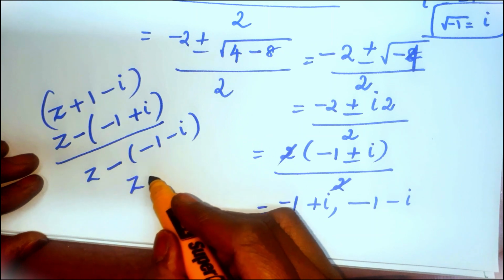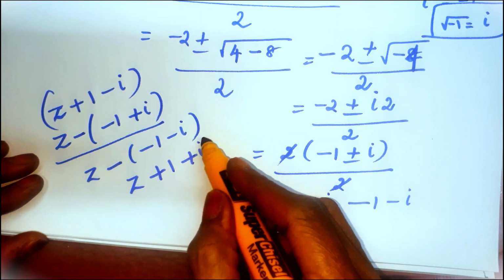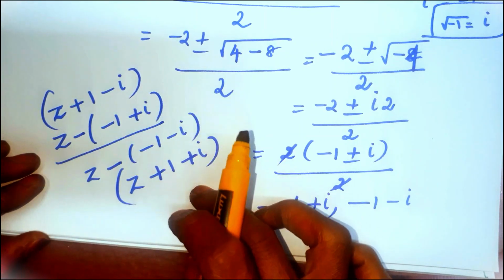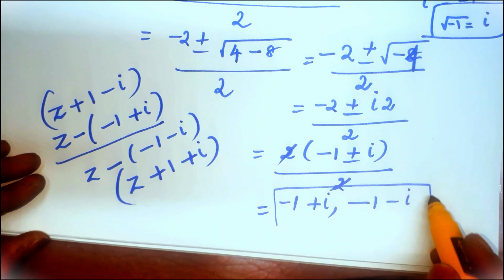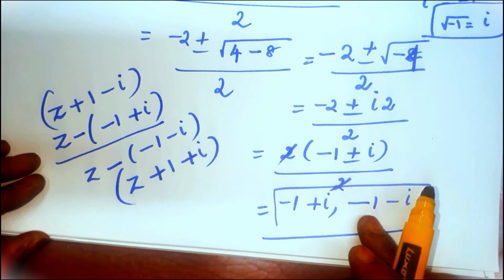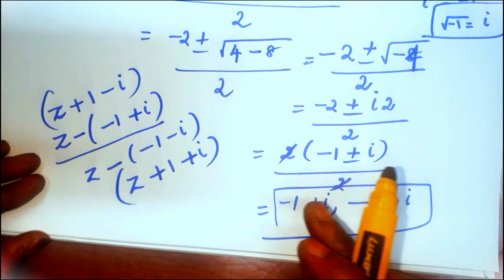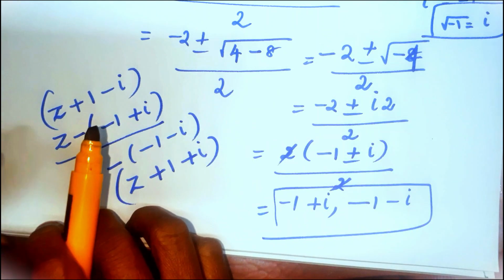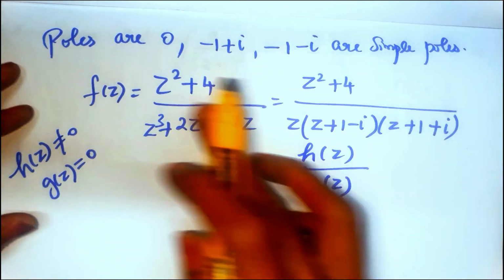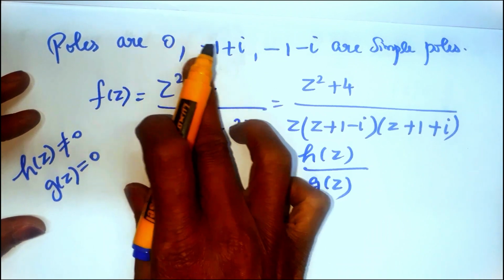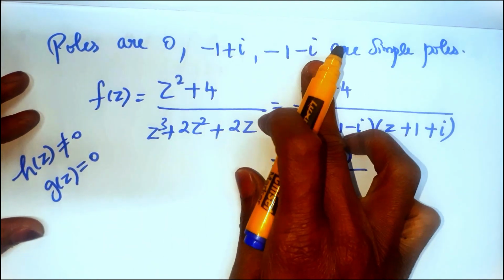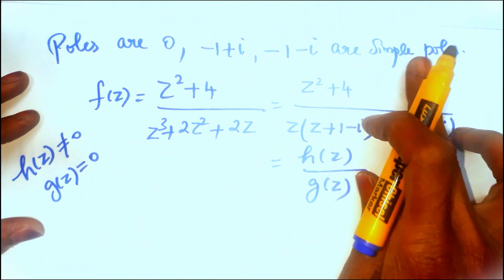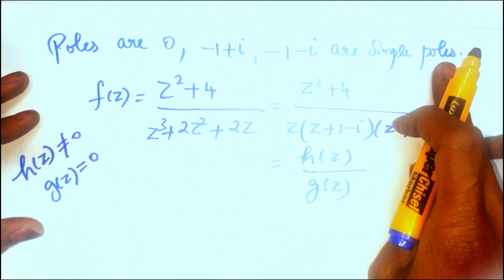This is z plus 1 plus i. So we have split it. So the poles we got here are minus 1 plus i, minus 1 minus i. Already we got 0. So totally 3 poles we got. So these are the poles we got. Poles are 0, minus 1 plus i, minus 1 minus i. All are simple poles. All are having power 1. So that is simple pole.